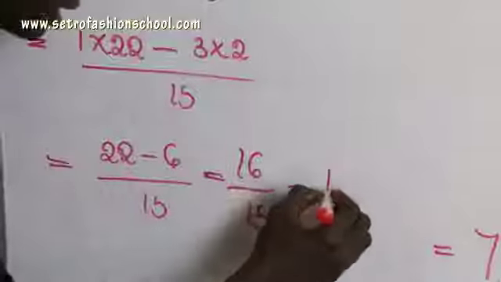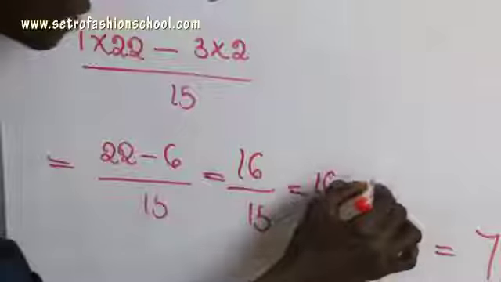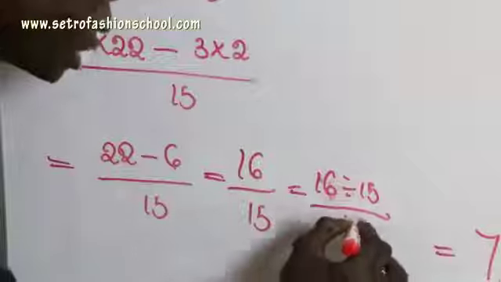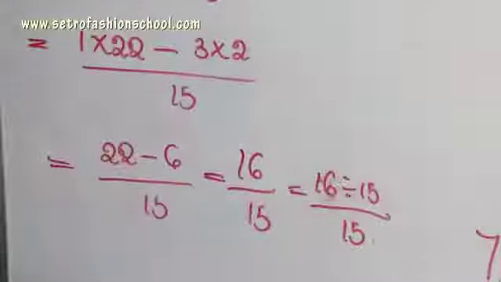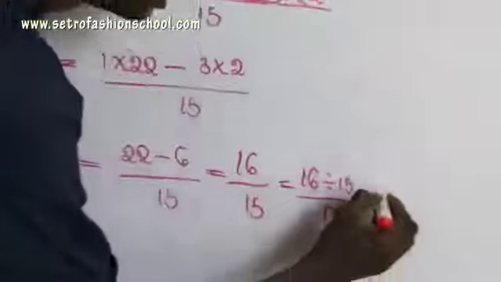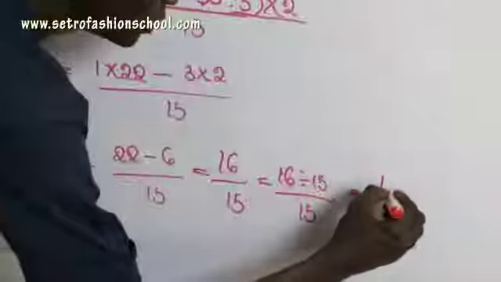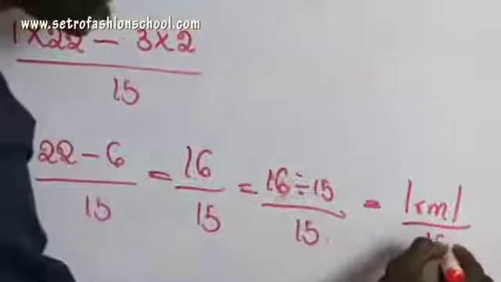That's 1. We are going to say 16 divided by 15, but we are still going to carry it with the 15. Then this is now going to be 1 remainder 1 all over 15.